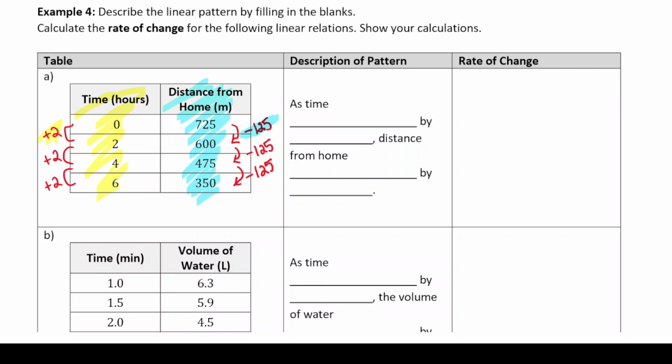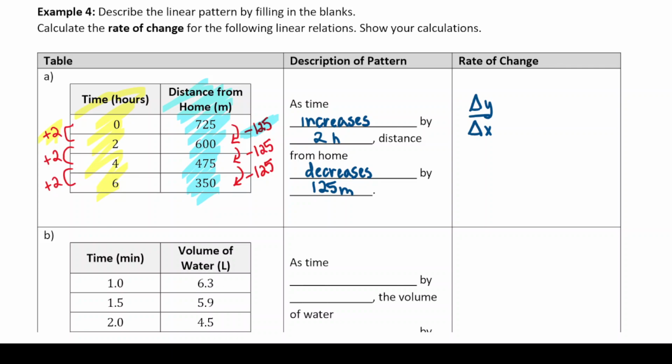We're just going to describe the pattern first. As time increases by 2 hours, the distance from home decreases by 125 meters. Okay, so let's put that into our equation now. The rate of change is equal to the change in the y value over the change in the x value.